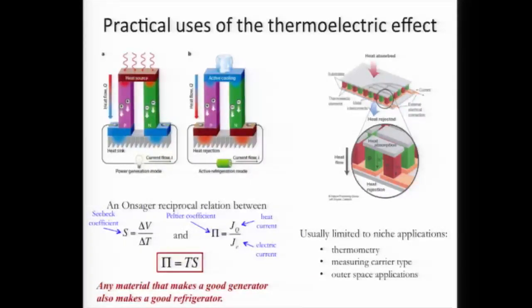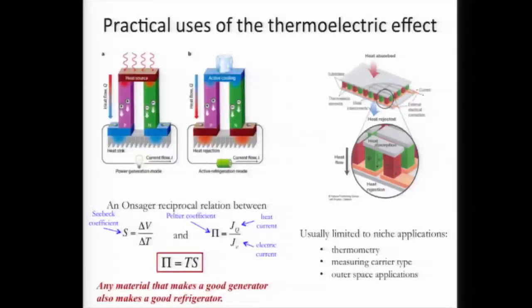You just make two dissimilar metals, and they stick together at a junction. And now you put that into something, and by the appearance of a voltage between the two metals, you can detect the temperature. These are called thermocouples. You can also just use it as a probe of your material, saying, OK, well, the sign of the voltage that appears tells you whether your carriers are electrons or holes, whether they have negative or positive charge.